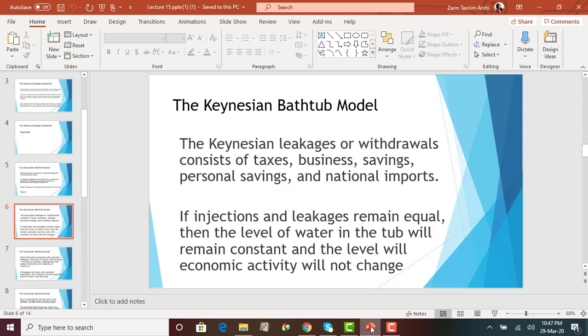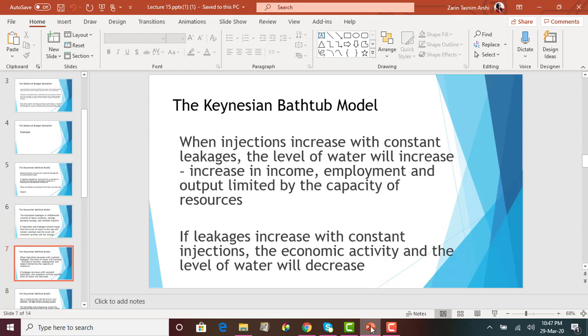On the other hand, injections are anything that will increase your output, and that includes consumption and investment, just like classical, but in addition, we will have government expenditure and we will have exports when foreign countries are buying our goods.